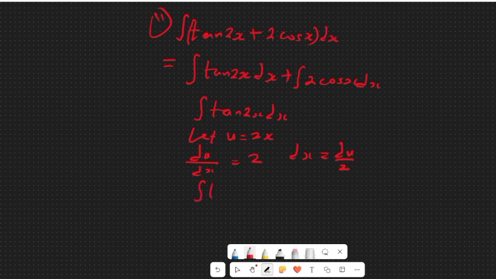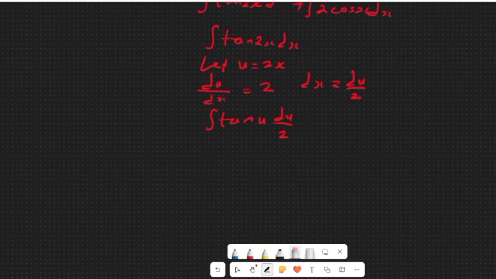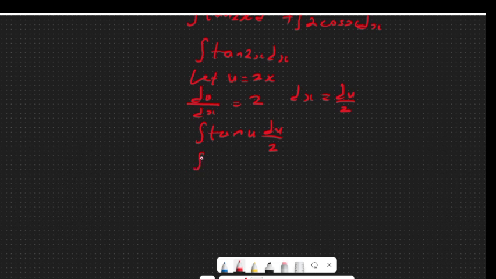So we get tan u, and then your du over 2, which also means that you have 1 over 2 integral of tan u du.